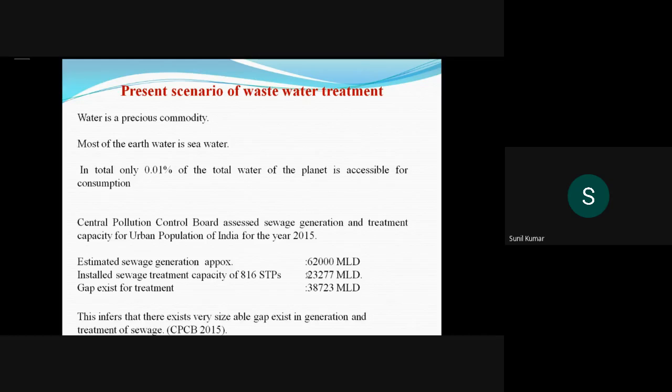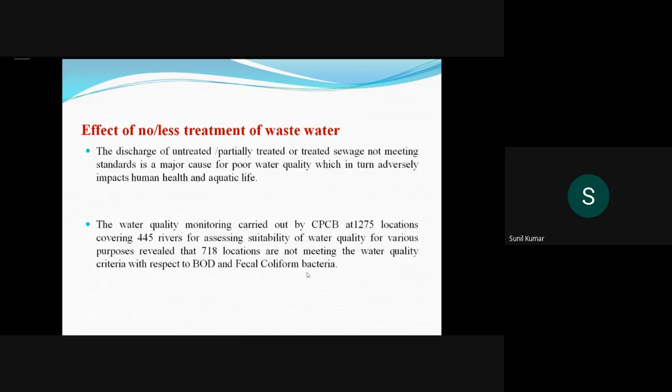That is the reason you can see nowadays many treatment plants are coming up, and they are increasing the treatment plant capacity numbers as well as the treatment quality. So this indicates there exists a sizable gap for wastewater treatment plants.